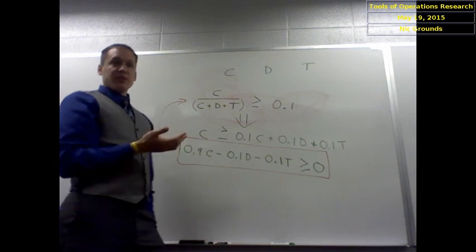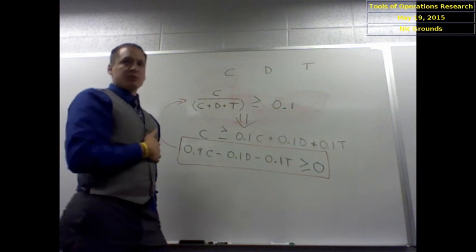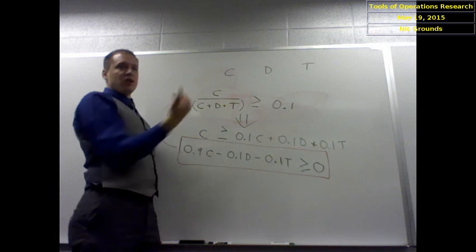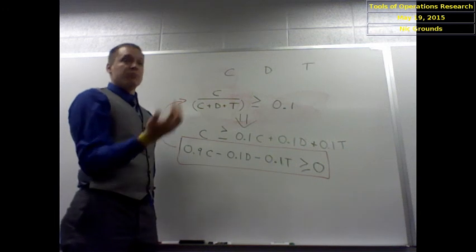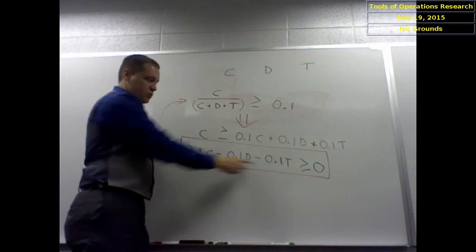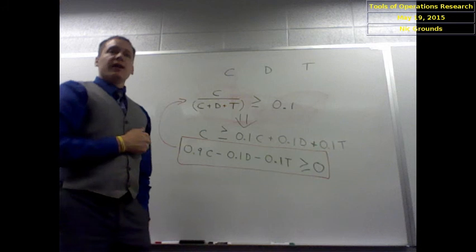Other kinds of models that aren't linear, we can solve but aren't guaranteed to get optimal solutions. So if you put this equation into Excel, it would solve and get you an answer, but not necessarily an optimal one. But writing it this way guarantees that it's a linear model, linear constraint, and can be solved optimally.